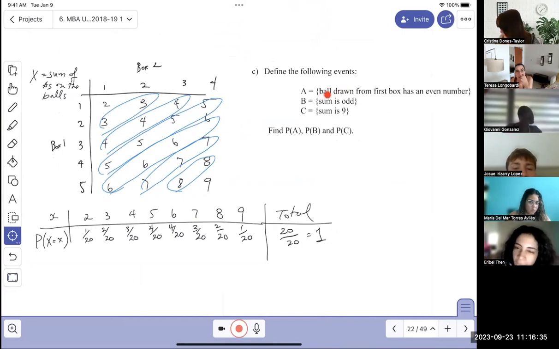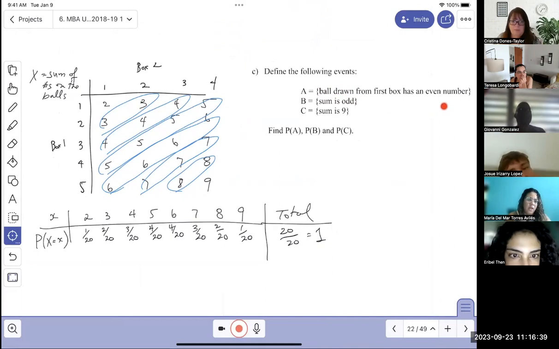So how would I find A? You get it for the first table when you have the combinations. Not that one, the first one. Well, this one gives me the same, right? Because it's the ball drawn from the first box is an even number.